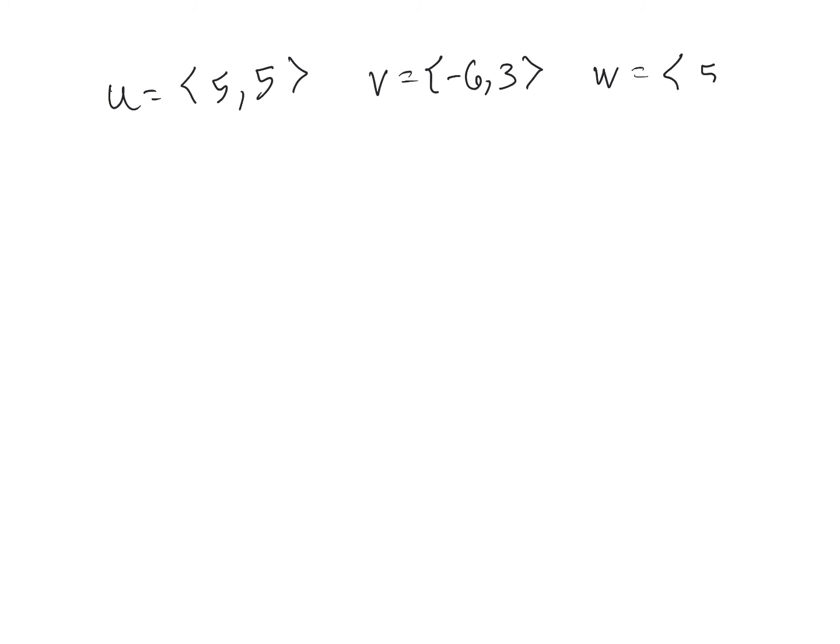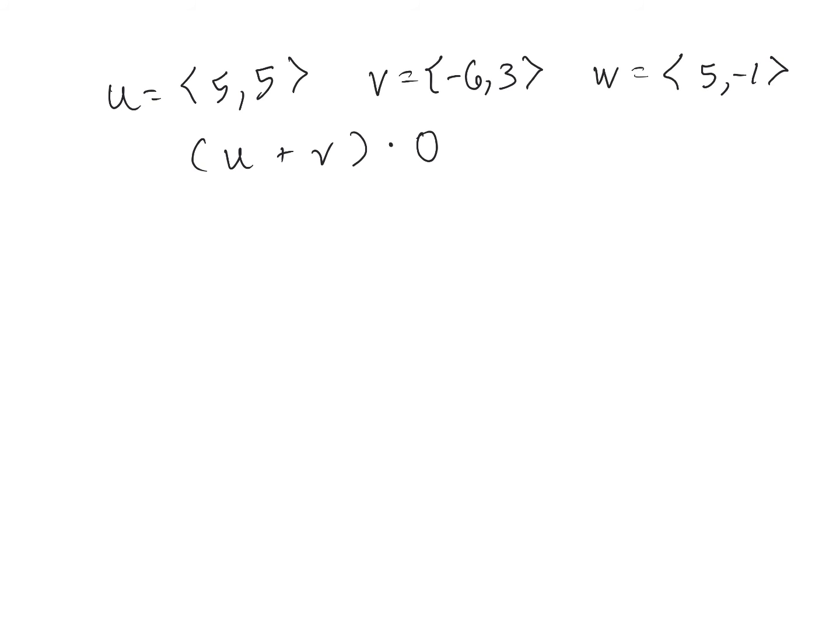Let's try another example. What if we had u equals (5, 5), v equals (-6, 3), and w equals (5, -1), and they want us to find (u plus v) dot product 0.